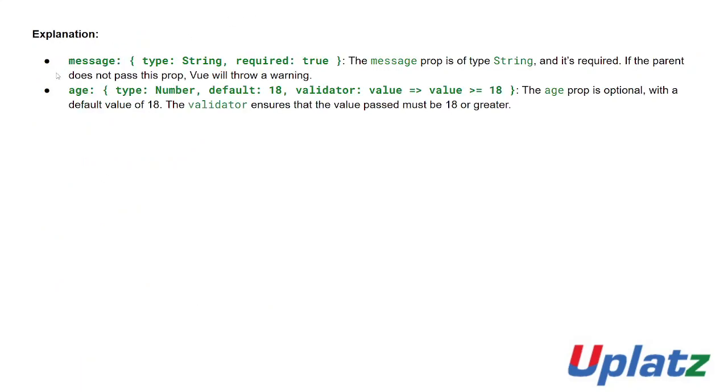Next, the explanation. Message, type string, required true. The message prop is of type string and it is required. If the parent does not pass the prop, Vue will throw a warning. This is the beauty of Vue.